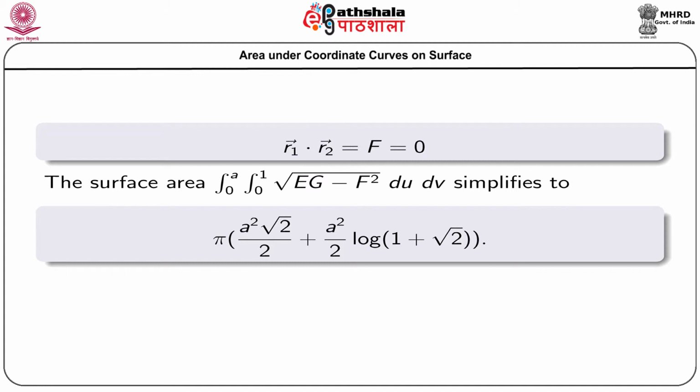So, we have seen how we can find the area under the coordinate curves on a surface. Now, in sections 2 and 3 of module 3 of chapter 7, we shall learn about two very important concepts, that is geodesic coordinates and field of geodesics.